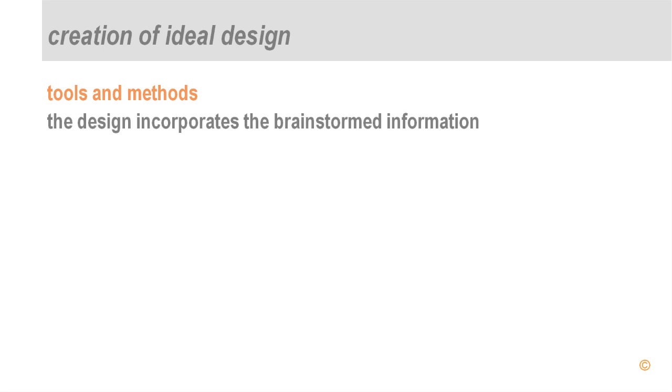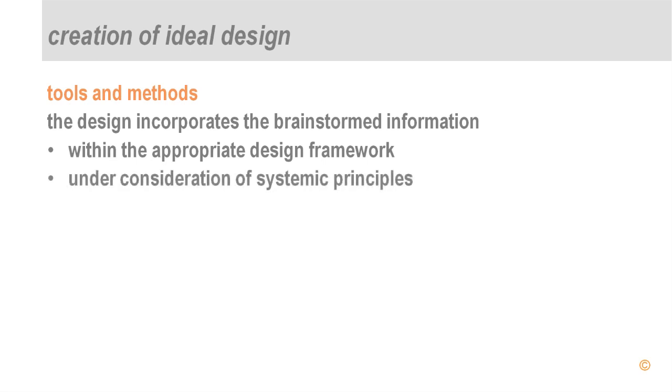Creating an ideal design involves the incorporation of the brainstormed information in a design framework under consideration of systemic design principles. In other words, a design team is working through the information in the notebook and will lift out some thoughts to make them ideals and consider which would be appropriate strategies and so on.